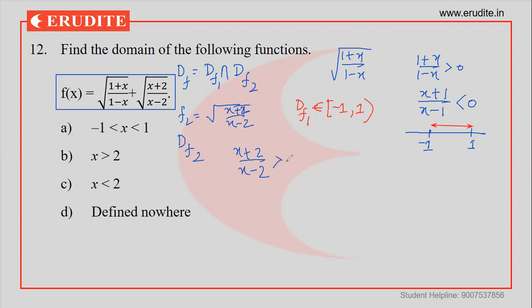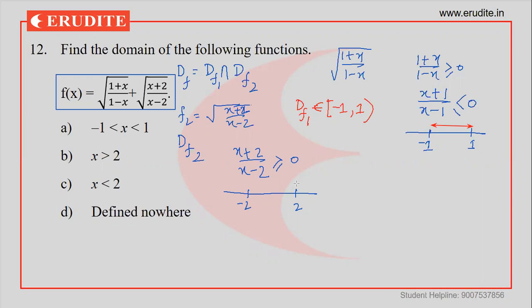To find this, I need (x plus 2) by (x minus 2) to be greater than or equal to 0, where the entire value can be 0, but not the denominator. To check this on the number line, I take two points, 2 and minus 2. Here it cannot attain plus 2, but it attains minus 2.